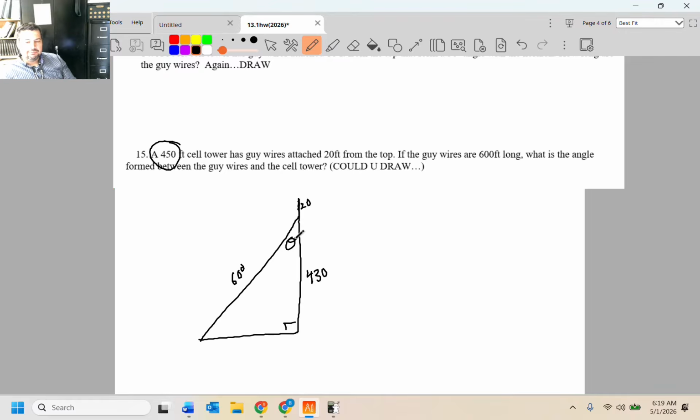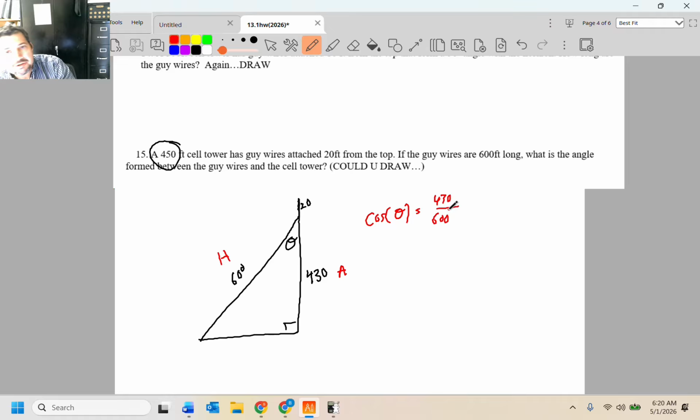What is that angle? It's not a hard question because what you have here is the hypotenuse, and in relationship to theta, you have the adjacent side. So what you actually have about theta is the cosine ratio. The cosine of this unknown angle is simply 430 over 600.